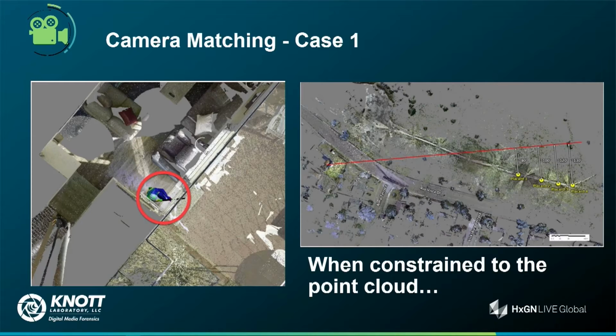You can see that the firearm is pointed in this area, which in this specific case was not where the placards 1, 2, 3, and 4, the yellow placards, are located in the bottom right there. Particularly important and had huge implications on the outcome of this trial. Ultimately, that was the result of constraining that video and that single frame to the point cloud and finding the specific alignment of that rifle.